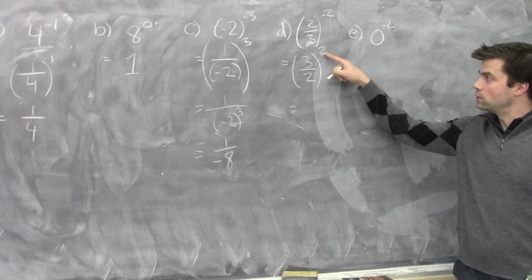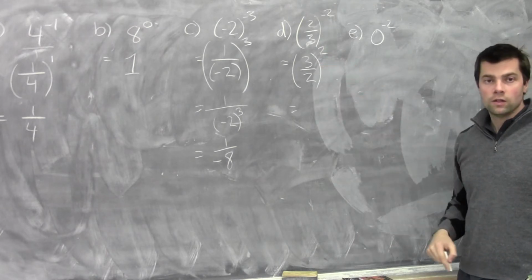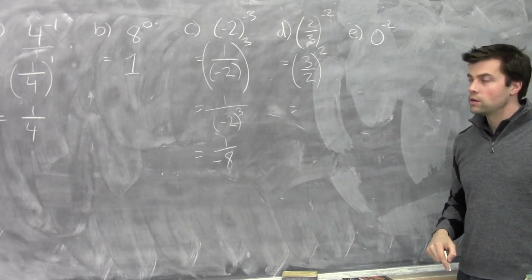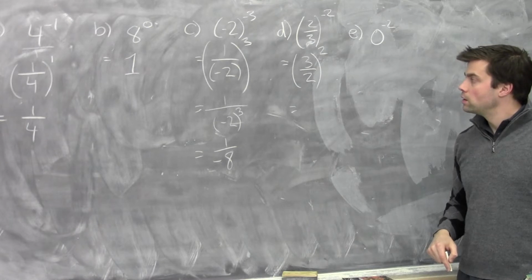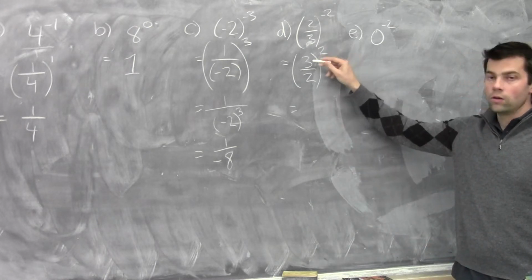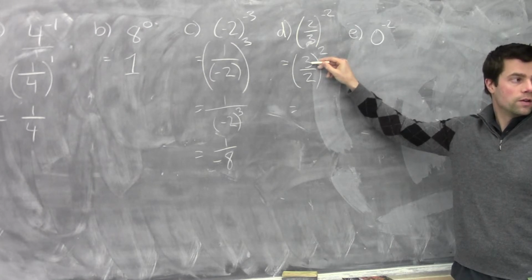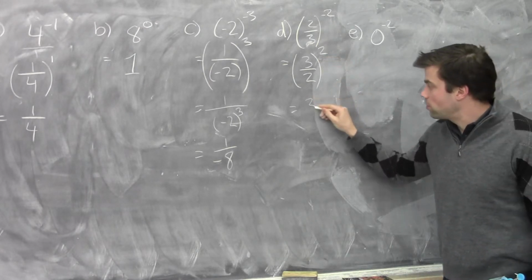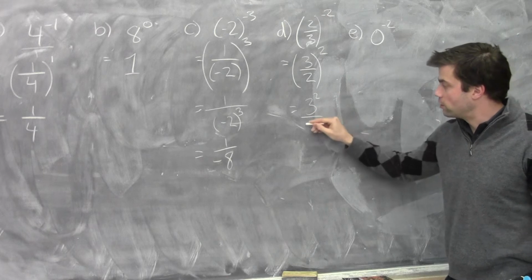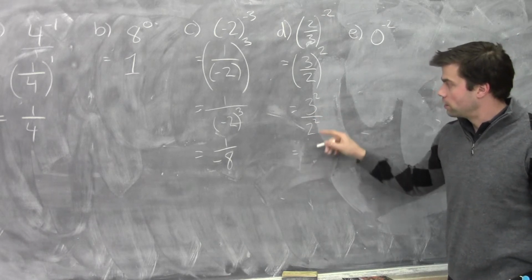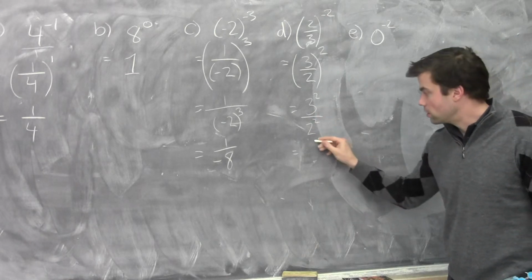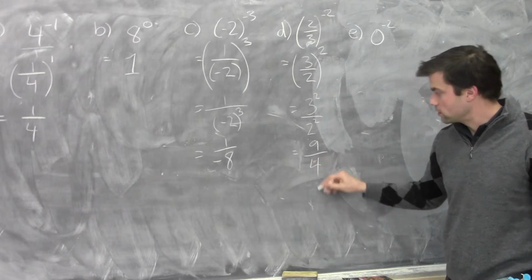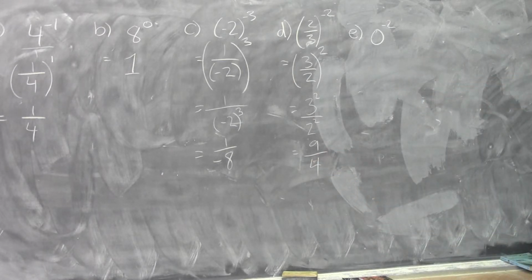What happens with this square now? What do we do with the numerator, Kyle? It's 3 squared over 2 squared. Right, you square both the numerator and the denominator, okay, Nicholas? So 3 squared is? 9. Good. And 2 squared? 4. Excellent. All right, 9 over 4.